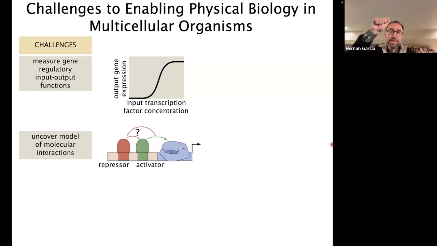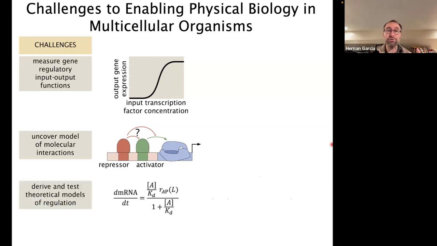For example, we know things about when repressors or activators bind and unbind from the DNA, but we still know surprisingly little about what they actually do once they're bound to the DNA, how they actually work at the molecular level. And you need that in order to write theoretical models. And finally, we need to figure out how to derive and test theoretical models of gene regulation. So these three challenges represent the three main research threads in my lab over the last 8 years.